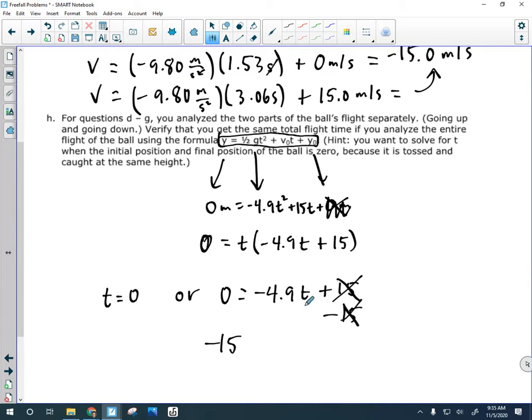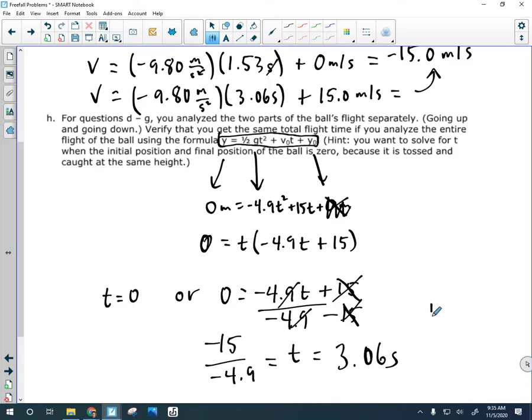That goes away. Divide by negative 4.9. That isolates t. And if you take 15 divided by negative 4.9, you do get 3.06 seconds, which we already proved kind of in the double analysis.